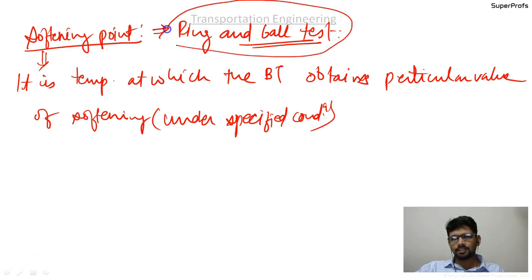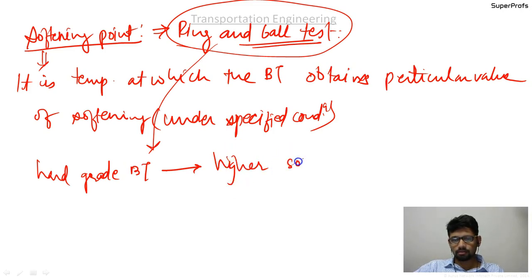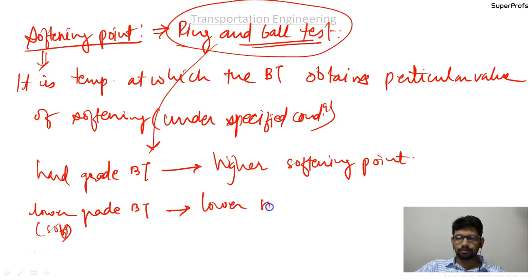So the ring and ball test is used for finding out the softening point. The harder the grade of bitumen, the higher the softening point. And for lower grade, or soft grade bitumen, the softening point is lower.